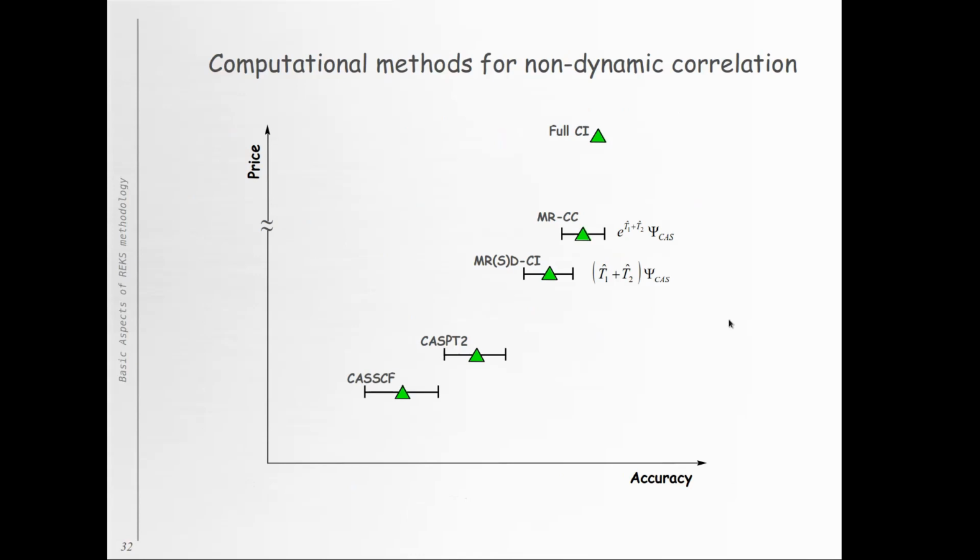This figure. So basically, we know CAS-SCF is good for the non-dynamic correlations. That we all know. But you need to specify an active space, which is composed of a limited number of orbitals. So those active orbitals are correlated.